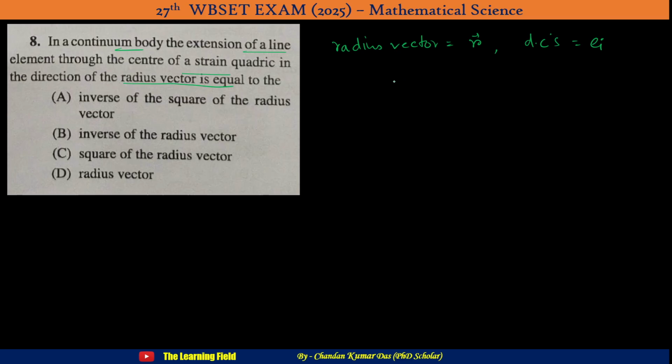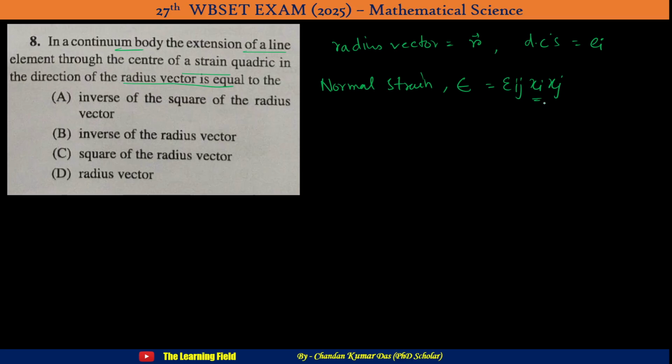So the normal strain is given by a standard formula, epsilon capital equal to epsilon ij xi xj, where xi and xj are the different directions.